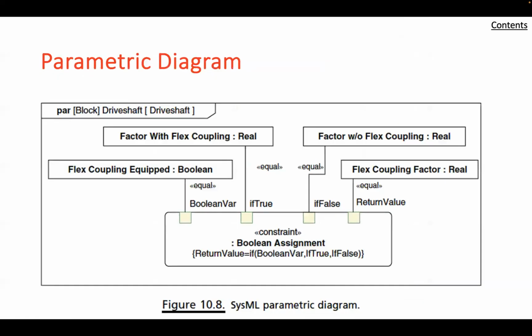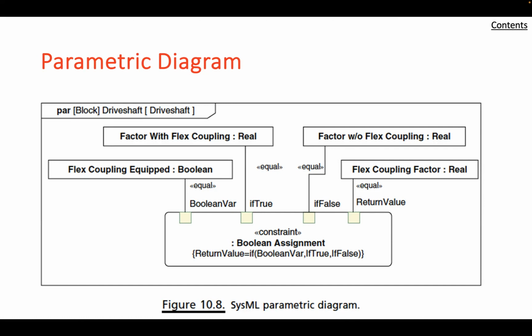Okay, moving on, we have a parametric diagram. This relatively simple parametric diagram represented in this figure shows how values in the model may be related via reusable constraint block elements. These diagrams permit a graphical representation of the related variables and the equations that relate them.